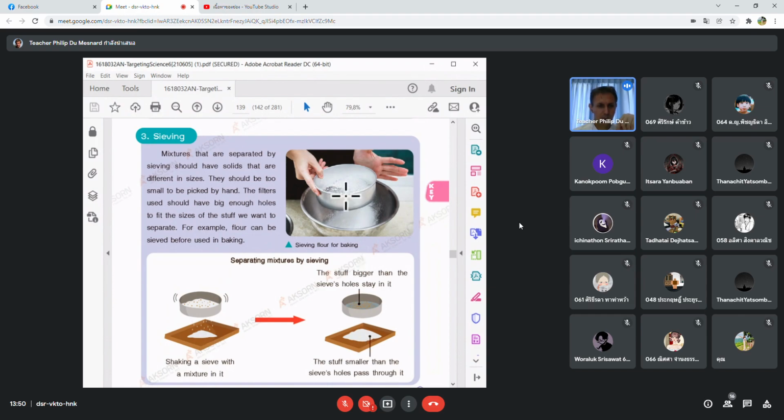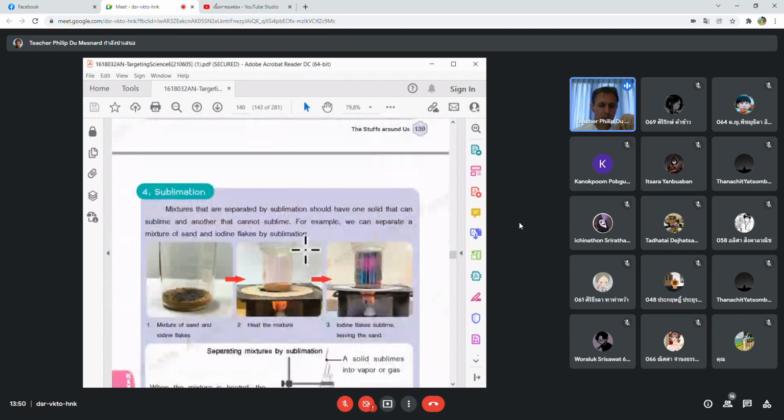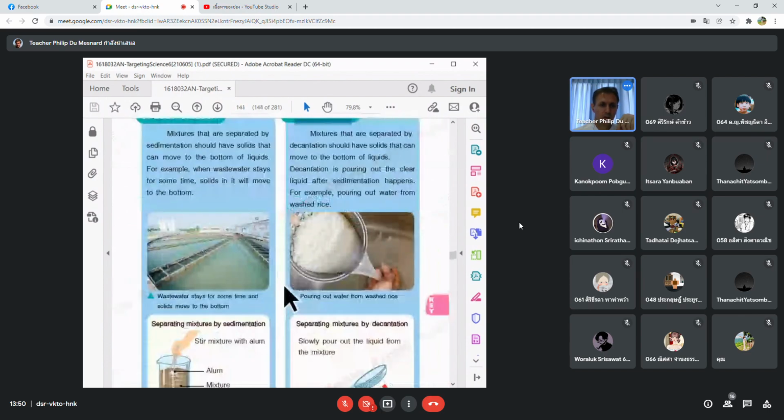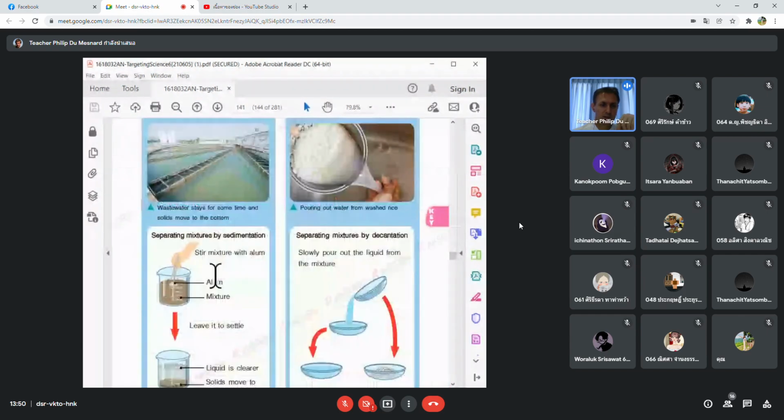So the size of the particles. So if I have rocks and gravel, or gravel and sand, I can use sieving. Okay, the property of iodine is it can sublime, but sand cannot sublime. Okay, the property of this is it does not dissolve.